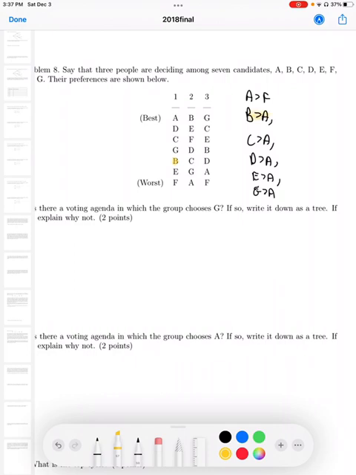Since we already had B and A, we skip that and compare B to C. Person 1 prefers C over B, person 2 prefers B over C, person 3 prefers C over B. Therefore, C dominates B. If we keep doing that: C and D, C prefers D, C and E, C prefers E, C and F, C prefers F, C and G, C prefers G.